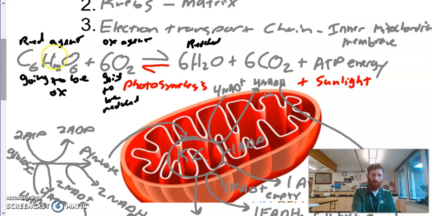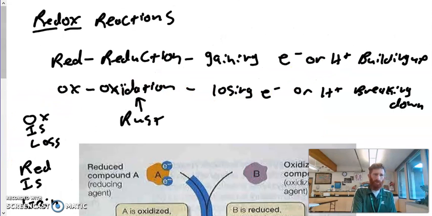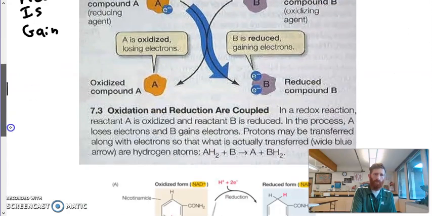You can see how we just take away the hydrogens, and then we have C's and O's. So that is our oxidized compound. See, I'm getting it mixed up. It's oxidized, it was broken down, the hydrogens, the electrons were removed. So our CO2 is our oxidized compound, and because of all of this switching around that's going on, we're able to make ATP or energy. Okay, so that's one example.